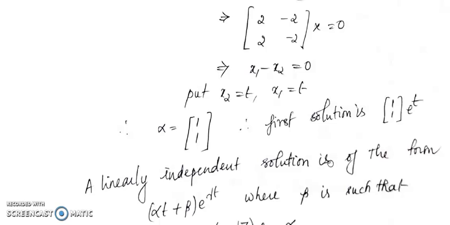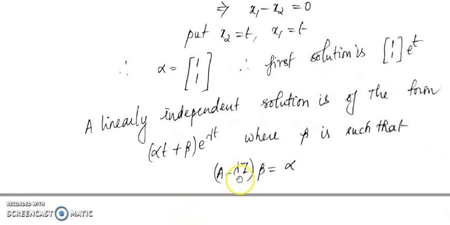Now let us find the second solution. The second solution will be of the form (alpha t plus beta) e raised to lambda t, where alpha is (1, 1). For finding beta, beta will be the solution of the equation (A minus lambda I) beta equal to alpha.